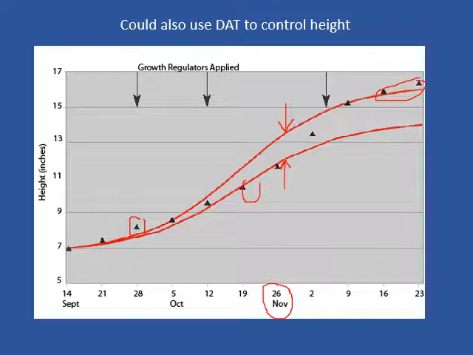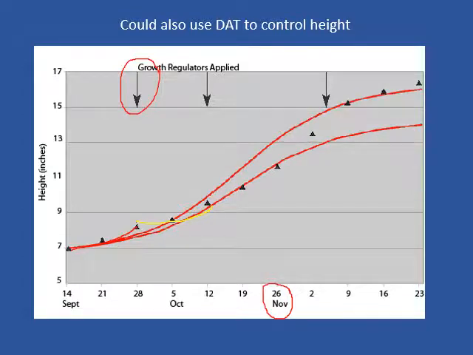So this is where a grower would put maybe flags out in a crop and go back and measure the same pots over and over again throughout the crop cycle. And then here you can see where they decided to apply growth regulators. You can see the correction. So here the crop is growing up. They apply the growth regulator, and it slows down and it starts to recover.